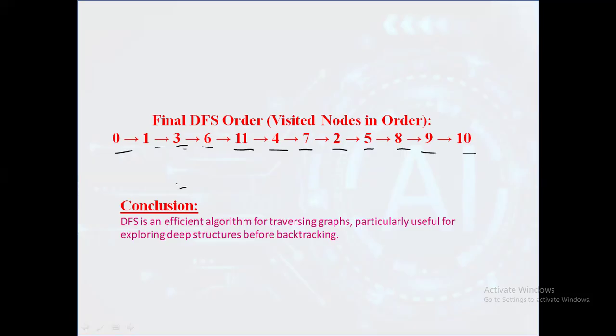This characteristic makes it ideal for problems like maze solving, topological sorting, and pathfinding. DFS is implemented using a stack, as I have said already. A stack data structure is used either explicitly or via recursion, which helps in tracking the nodes to be explored.